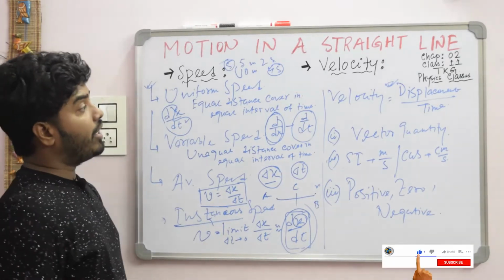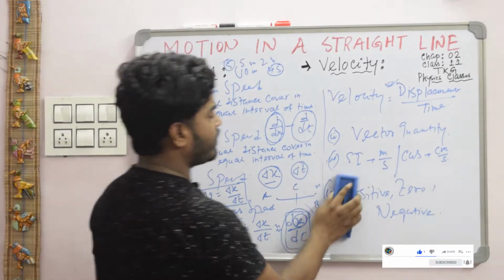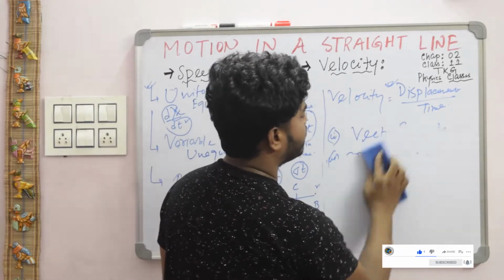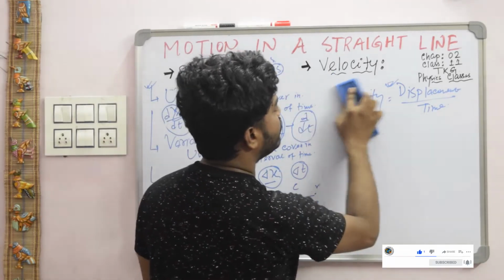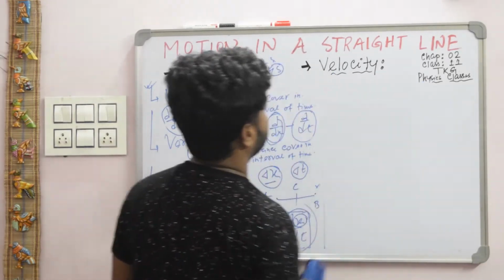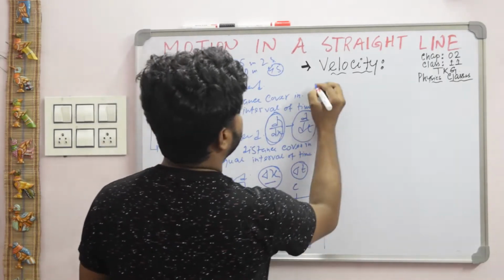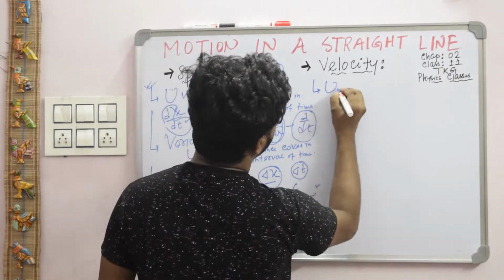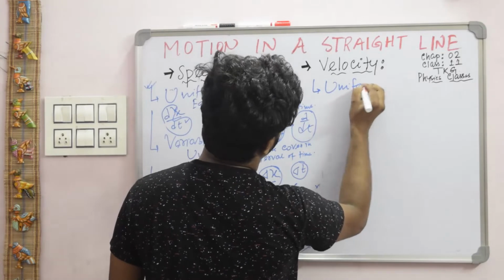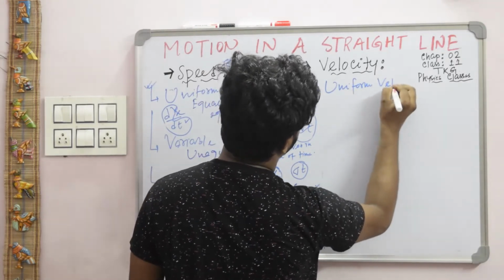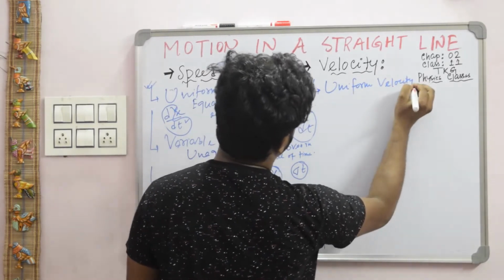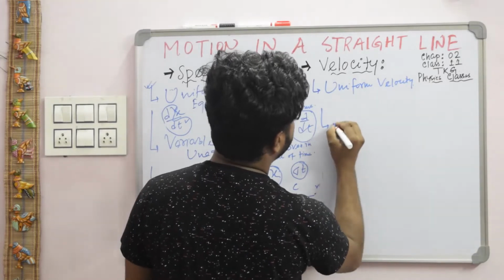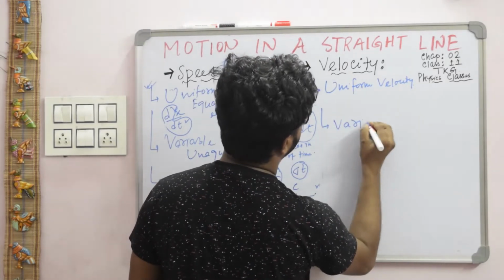Now classify velocity. Similarly to speed, velocity is also classified in 4 categories. First, uniform velocity. Second, variable velocity.